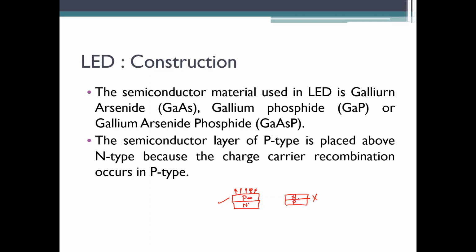If you keep p-type material below the n-type material, the combination will happen there, but as the p-type material is covered with the n-type material, the light it emits will not be visible.